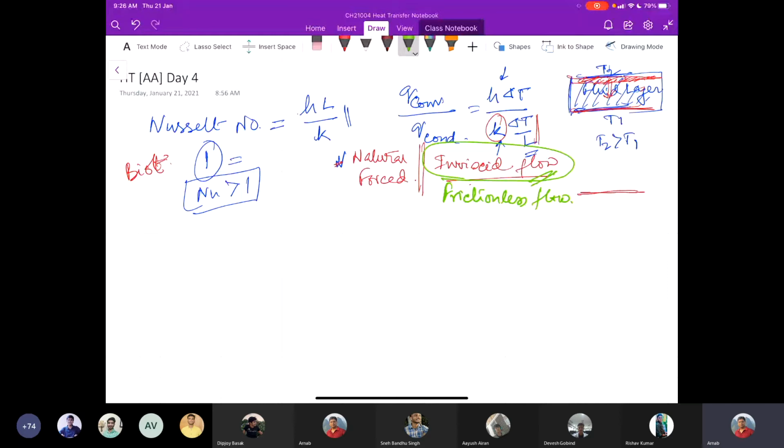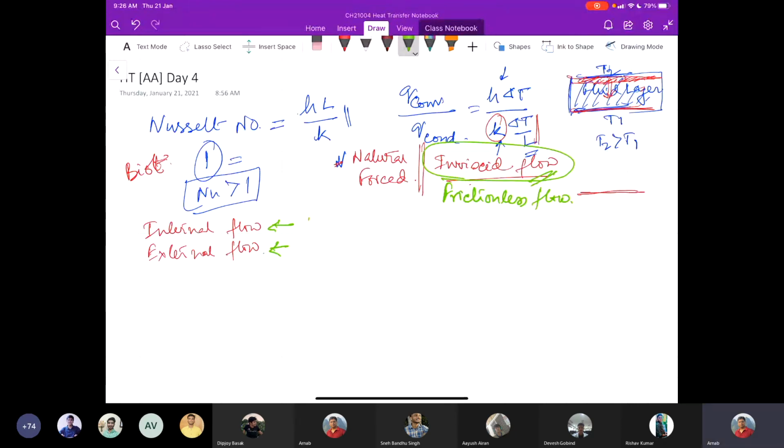Fine. So this is one terminology. The other ones are internal flow and external flow. So what is internal flow? What is external flow? When a flow is bounded, that means a flow in a pipe or duct, this is an example of internal flow.